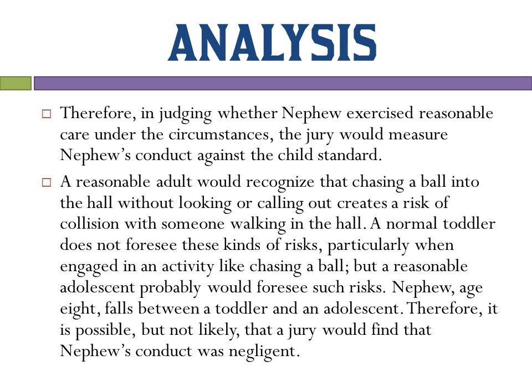A reasonable adult would probably recognize that if you run out into the hall after a ball without looking around you, that there's foreseeable risks of a collision. A normal toddler, I can tell you from personal experience, does not have any idea that such risks exist at all. Arguably, a reasonable adolescent could foresee some of these risks.